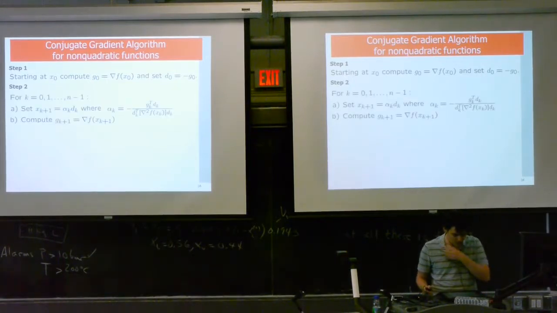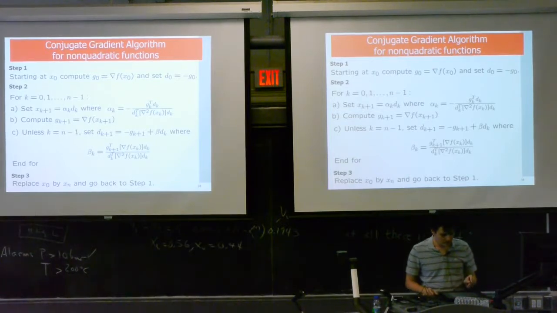Okay, so this is the algorithm in detail. You start from a point x0, you compute a gradient, and you set the first direction to be the negative gradient.